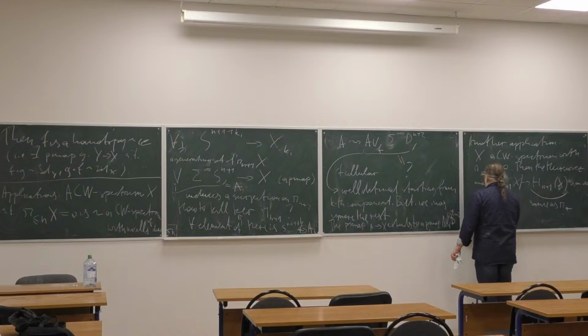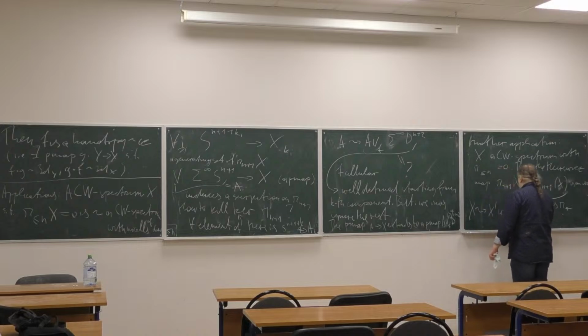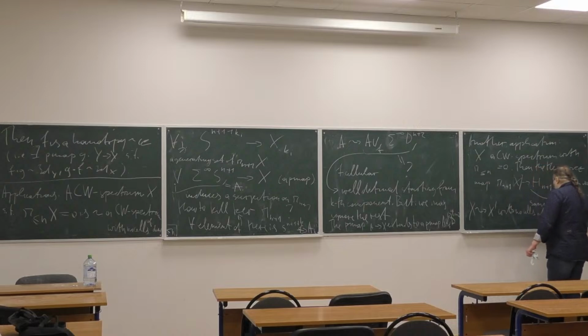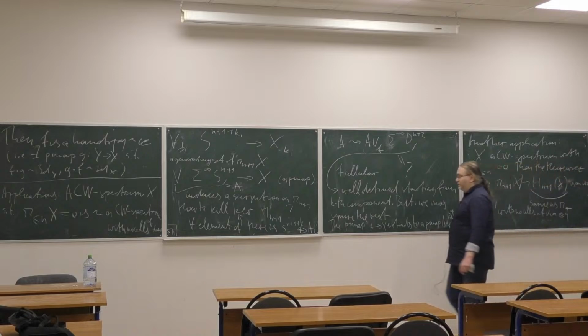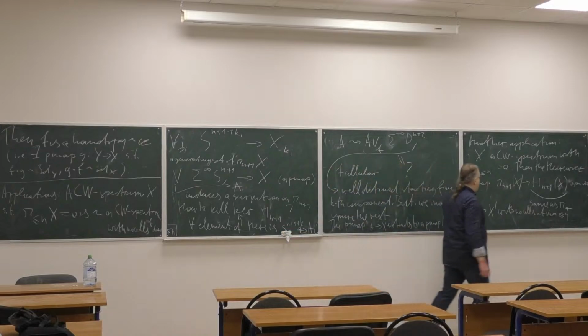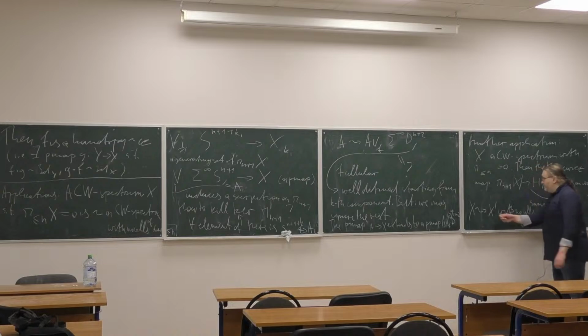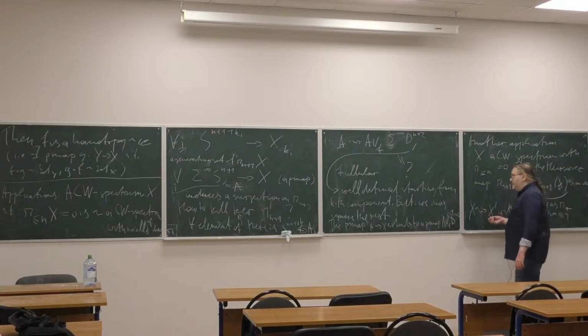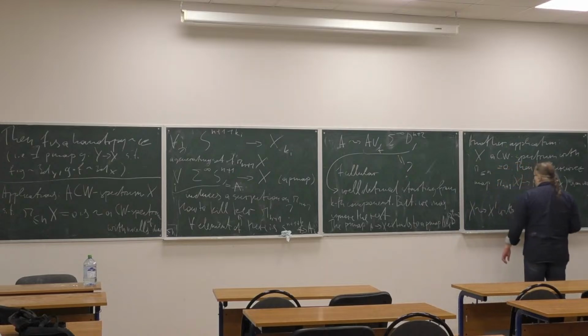And the proof is, we use what we've just seen. We may replace X with a spectrum without cells of dimension n or less.